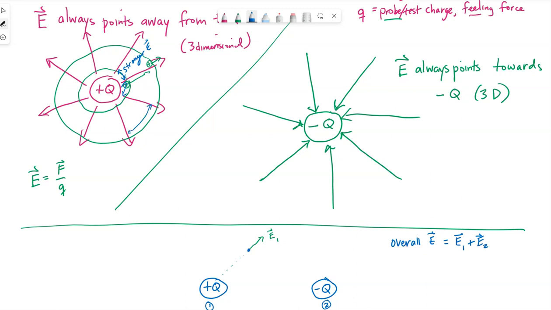If you look in a region and the electric field lines representing the electric field are farther apart, that represents a weaker electric field.